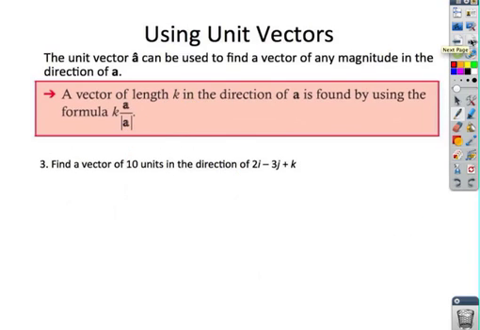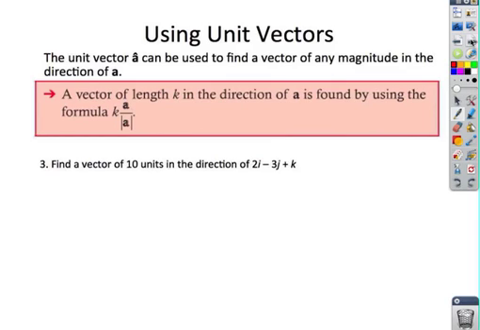And now the way we'd use unit vectors is if we want to create a vector of a certain length. So if you want to make something be a certain number of units long, the easiest way to do that is to reduce it down to 1 unit long, and then multiply it by whatever length you need it to be. So, for example, in the last case, if we were using that vector that was the 3, 4, 5, so it's 5 long, but if we wanted to make it 11 units long, for example, the easiest way to do that would be to reduce it down to a unit vector and then multiply that unit vector by 11, and it would then be 11 units long.